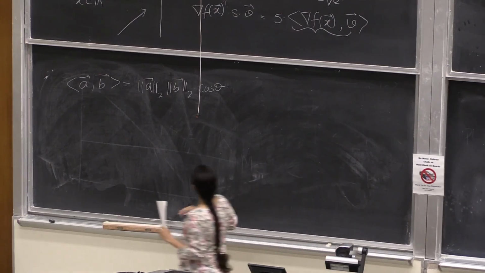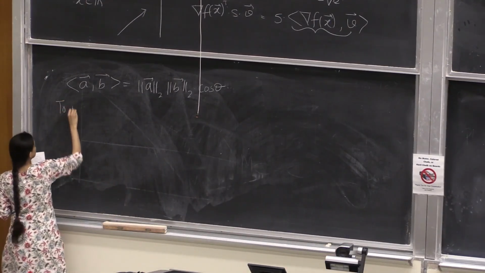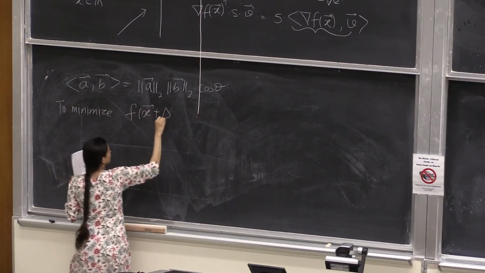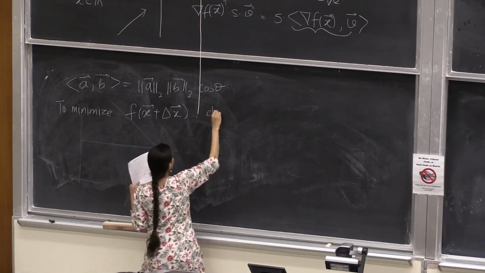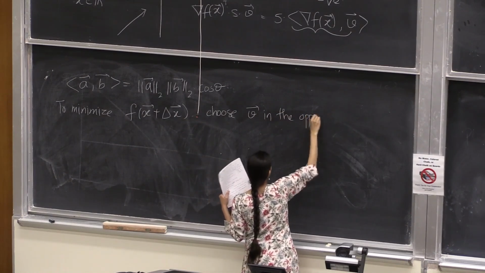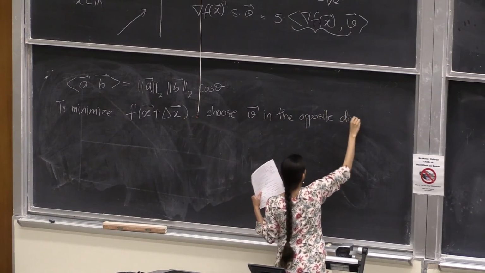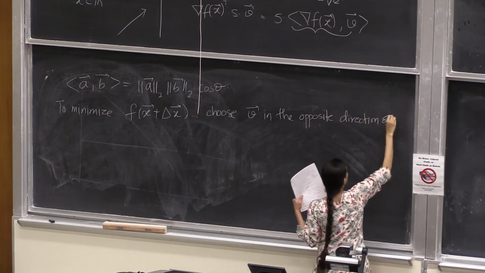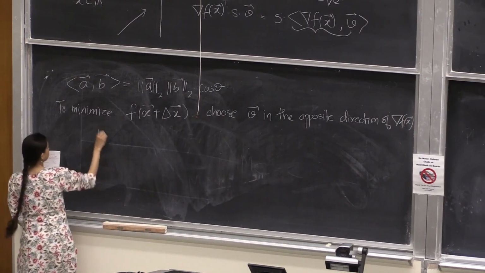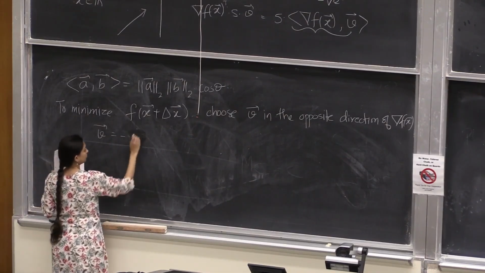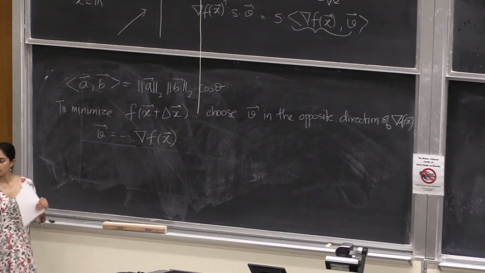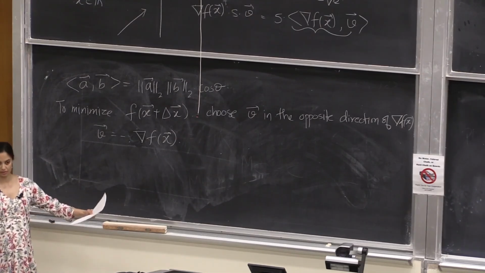Yeah. Okay. So therefore, to minimize, you choose v to be the negative gradient direction, which brings you to gradient descent, right?